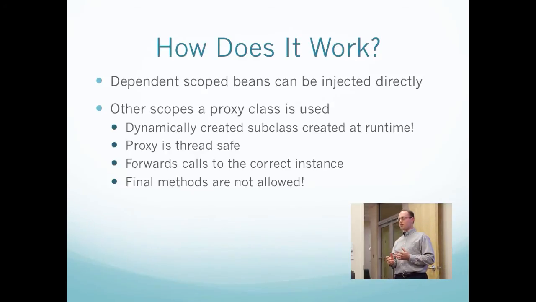A dependent scope means it's directly injected. If I've got a class and something that's dependent, it doesn't have a particular scope, it just gets injected in there directly. I don't have to do anything. It's really just calling the default no-arg constructor on it.